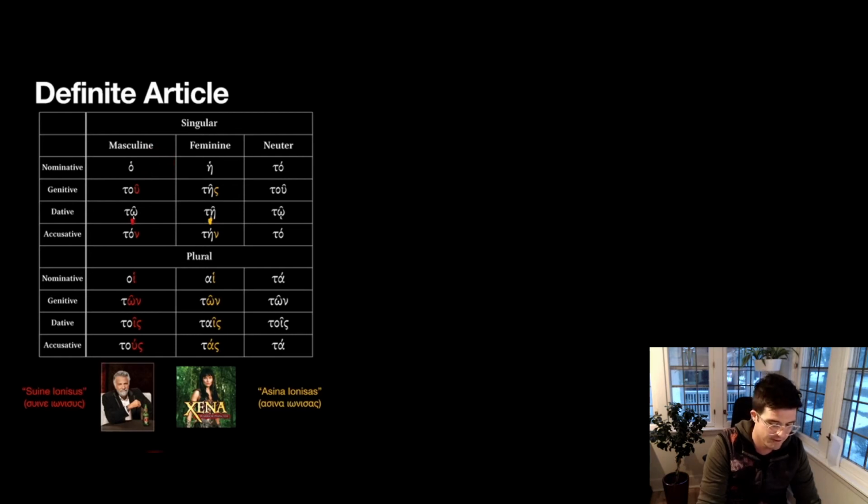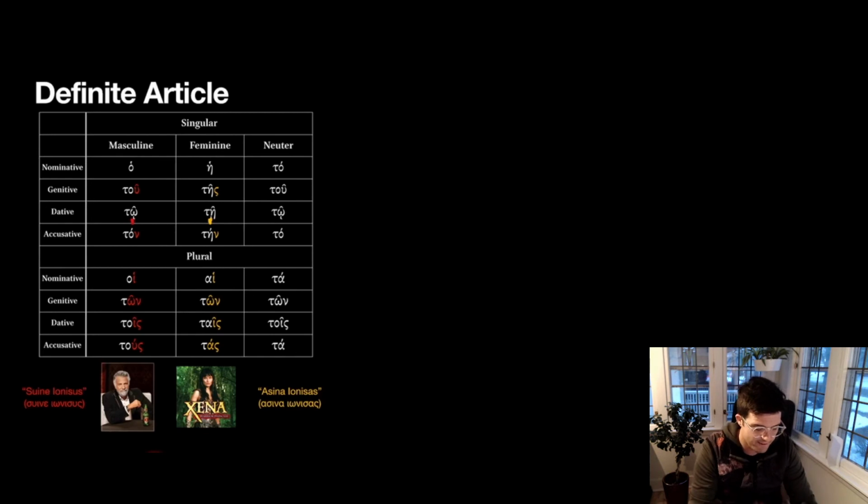So really it's kind of the endings. We don't have the vocative epsilon here. But nonetheless, the core of his name might help you remember these endings here, outside of the nominative and the vocative being absent here.